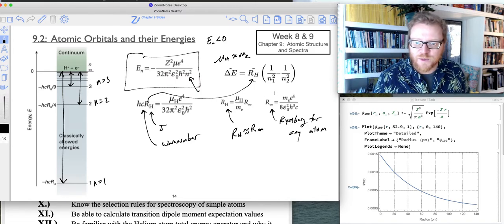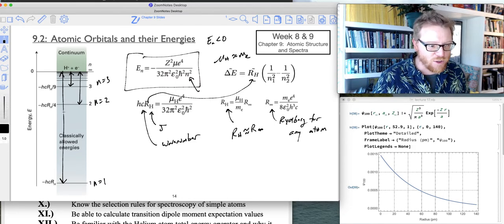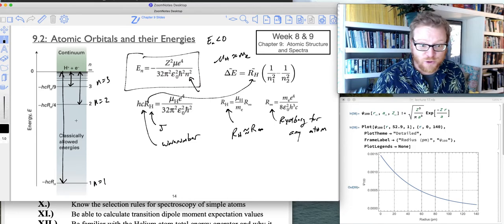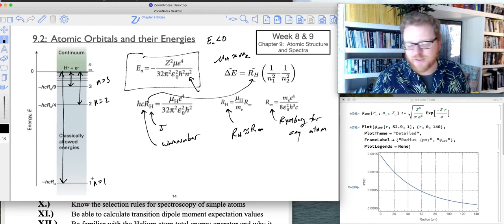And so this is why we use this R infinity, because this whole giant arrow that I just drew is roughly equal to R infinity. Technically it's R_H, but again, we know R_H is roughly equal to R infinity.